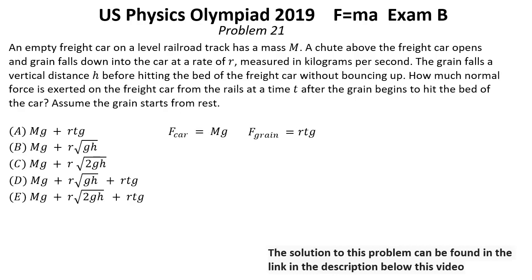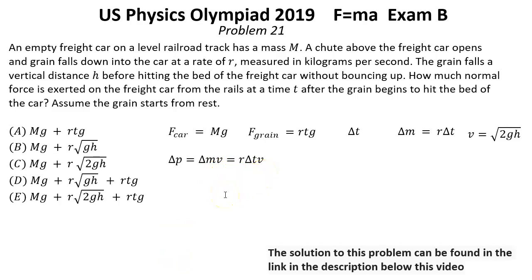Over some time interval delta t, an amount of grain with mass delta m equal R delta t falls onto the cart. The grain falls from a height h, so it lands on the cart with a speed v equal to the square root of 2gh. Thus, the grain carries a momentum delta p equal to delta m v, or R delta t v.